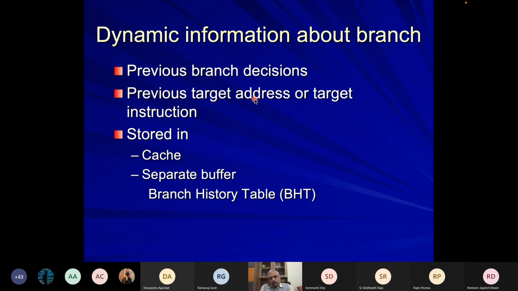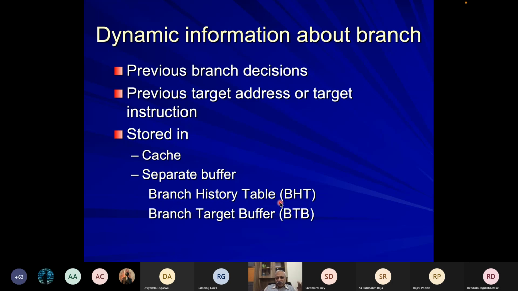So you could store this information along with the instruction in the cache memory, or you could create specialized memory modules in the design, which are called, for example, a branch history table. This is like a table, a piece of memory which is remembering those previous branch decisions.